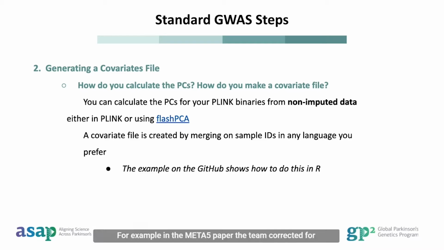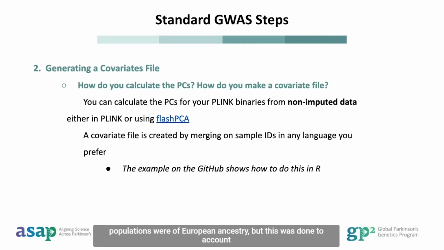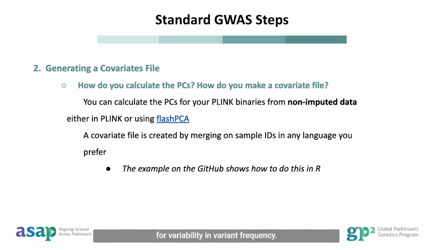For example, in the Meta 5 paper, the team corrected for 20 principal components, the maximum, even though all the populations were of European ancestry, but this was done to account for variability in variant frequency. You can calculate the principal components in PLINK and then create a covariate file in any language you prefer. For this module, I'll show you how to make one in R.